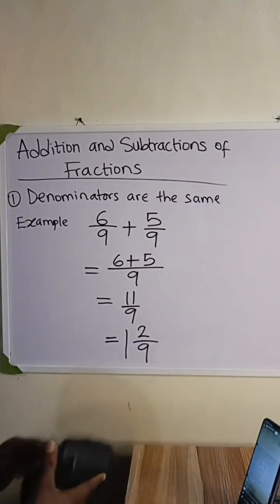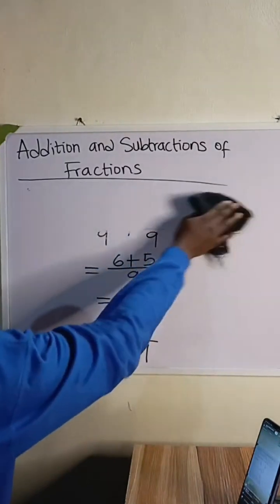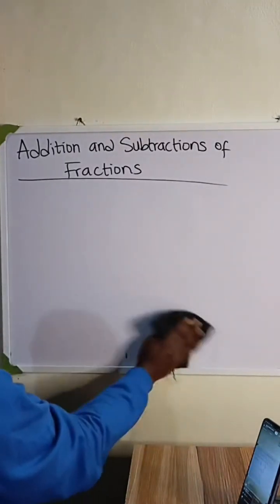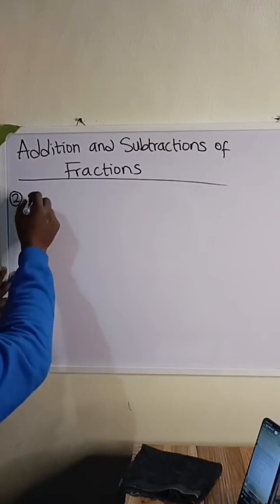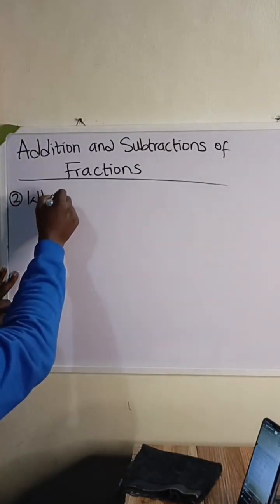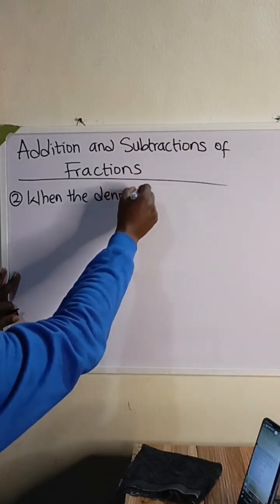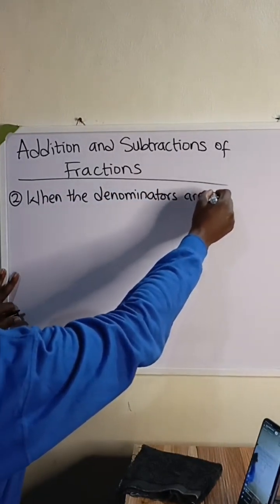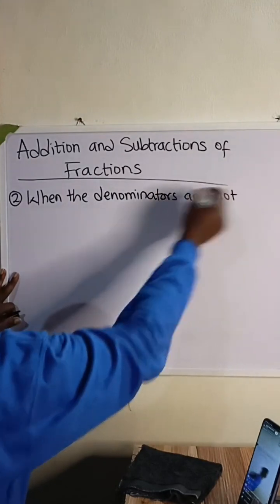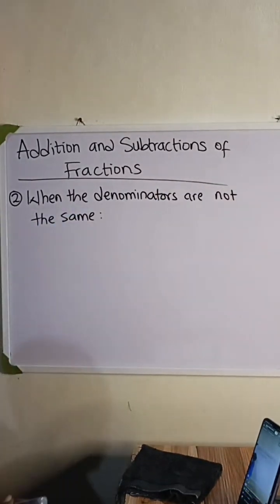Let's continue. Now let's look at when the denominators are different. So we're looking at a situation where the denominators are not the same.